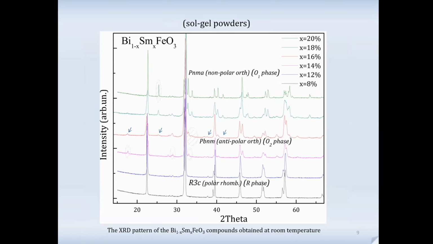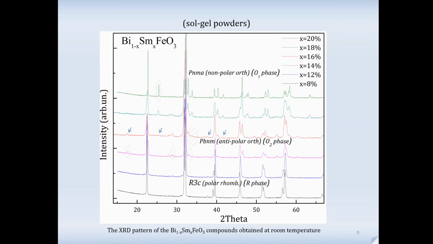It's nothing special. Then we increase the samarium content, and as was predicted, new reflections appear, and these reflections are ascribed to the antipolar phase, like in ceramic compounds. But the concentration ranges are different.